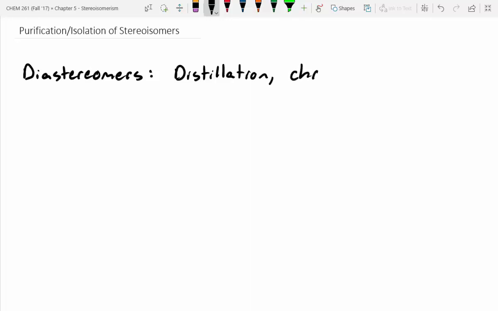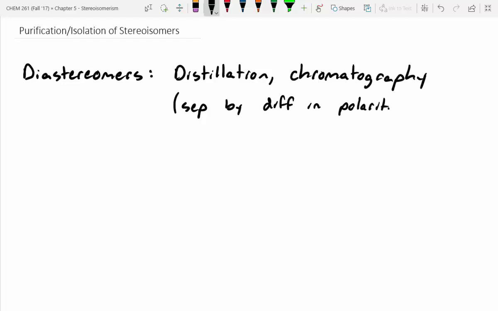You can separate them using chromatography. All chromatography is, for the most part, is separation by difference in polarity. So for example, you've got this stationary phase that your compound is forced to travel through. The more polar compound might travel more slowly than the less polar compound, and so you're able to separate them that way.